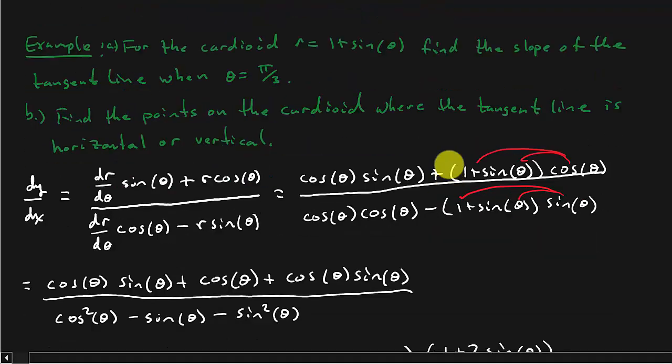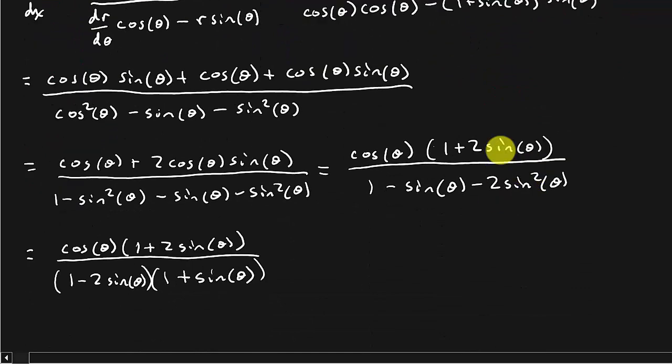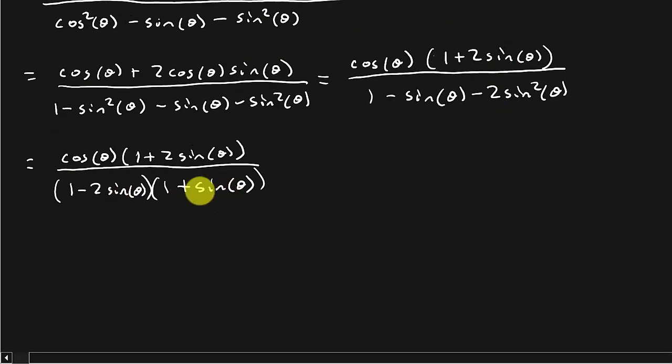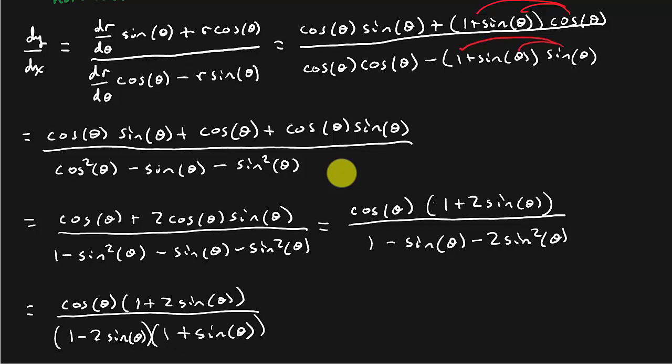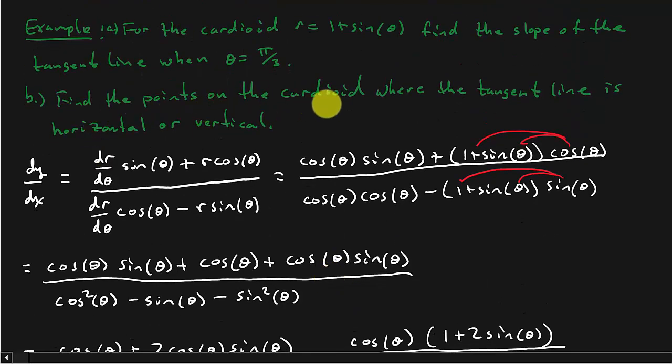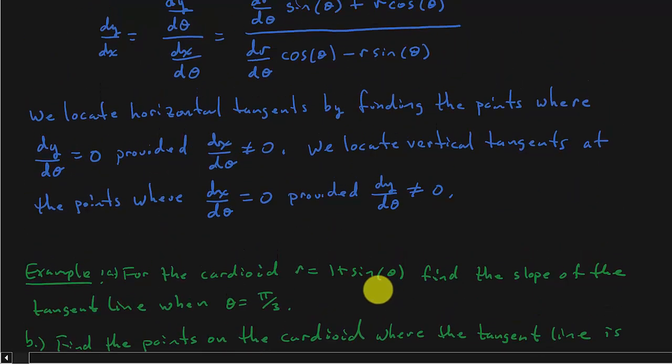Now, one thing you might be thinking, why in the world are you taking it this far? Why are you going down to this? Why not just stop right there and plug pi over 3 in and get your answer? It would give you the same thing, right? Well, that's right, it would. But look at the next part here. Find the points on the cardioid where the tangent line is horizontal and vertical. So in order to find out where it's horizontal and vertical, we've got this.